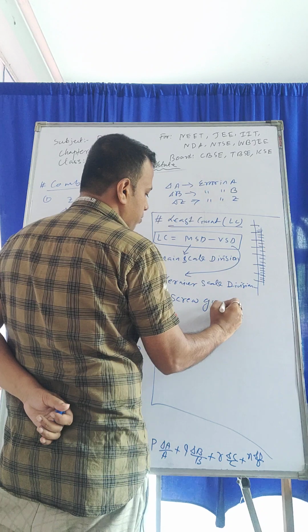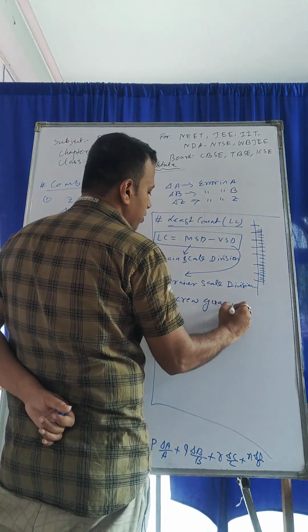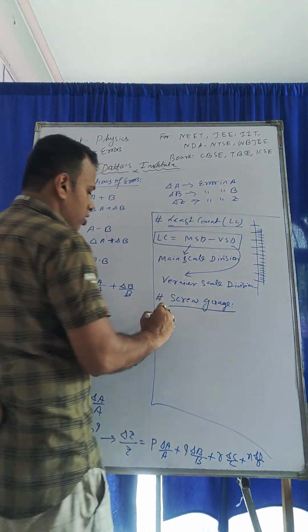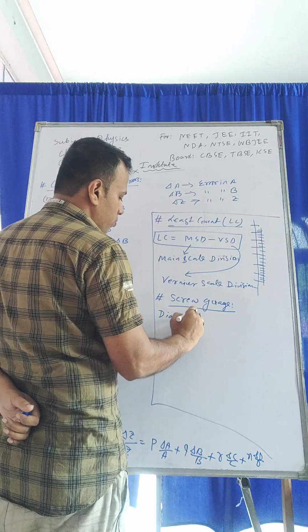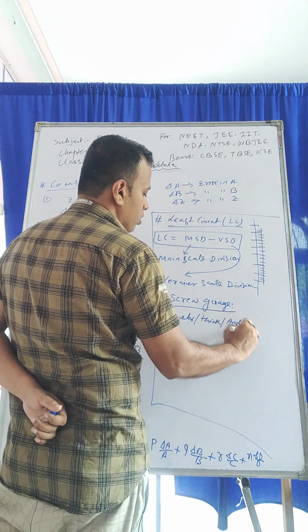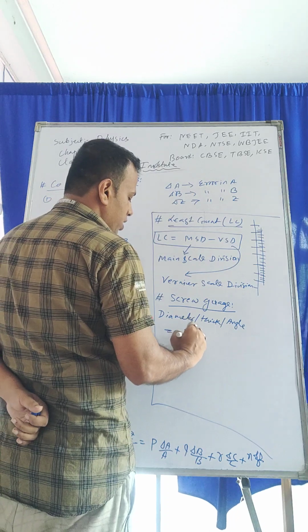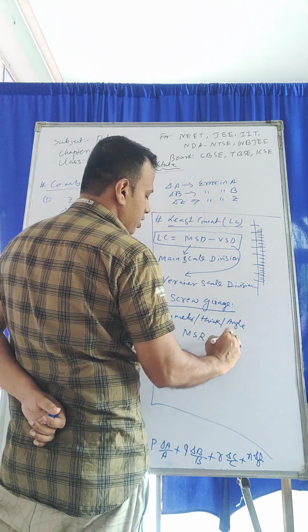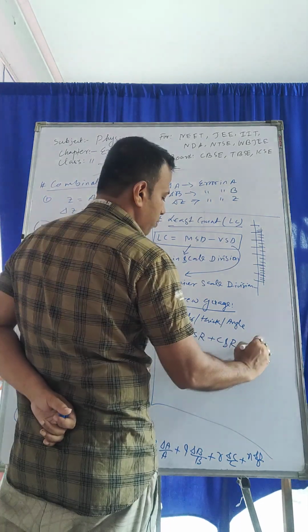By using the screw gauge we can easily find the diameter, thickness or angle. The formula is MSR plus CSR into LC minus zero error.